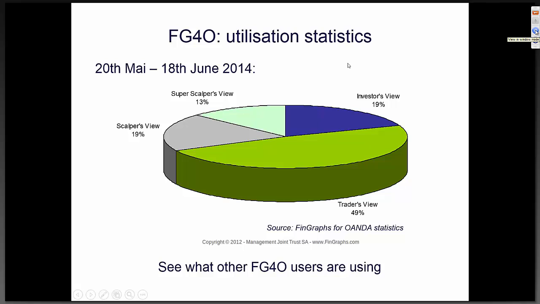About 20% were intraday traders, and then 13% were monitoring the super scalper's view real time. Choosing your specific view probably depends on the time you could actually spend in front of your screen, on your trading style, as well as probably on the spread applied to the various instruments you are viewing on the platform.